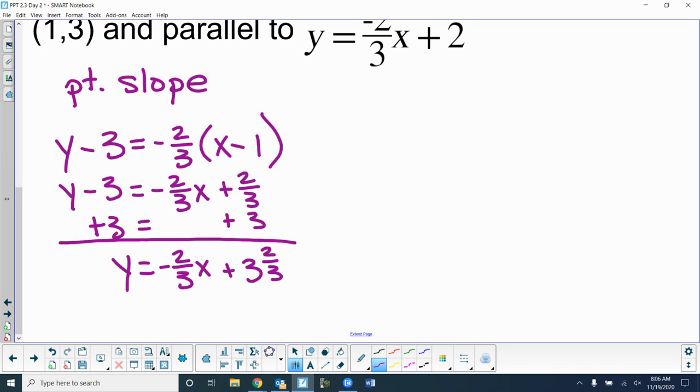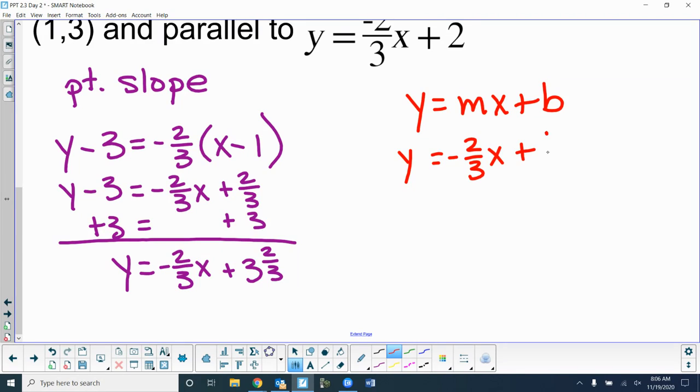If you want to do this, you can. You can use this form right off the bat. Okay? What's the m going to be? Because it said parallel. And what you can do is use the point in for your x and your y.